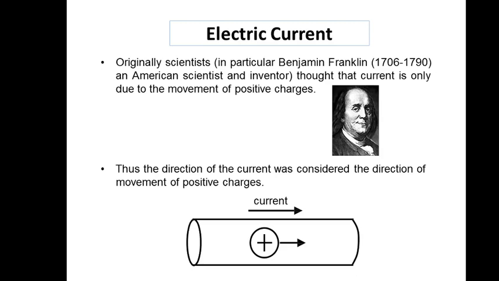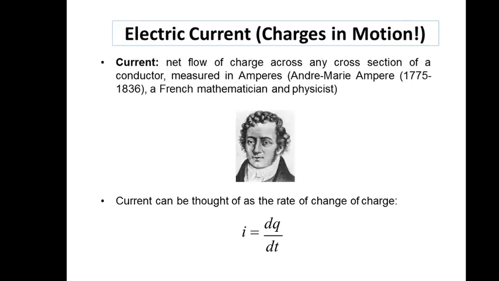Originally he did current, but he found that current is only due to the movement of positive charges. But he observed the net flow of charge across any cross section of the conductor. So the current is the rate of change of charge. You can say here I is nothing but the ratio of charge to time. I equals dq by dt.